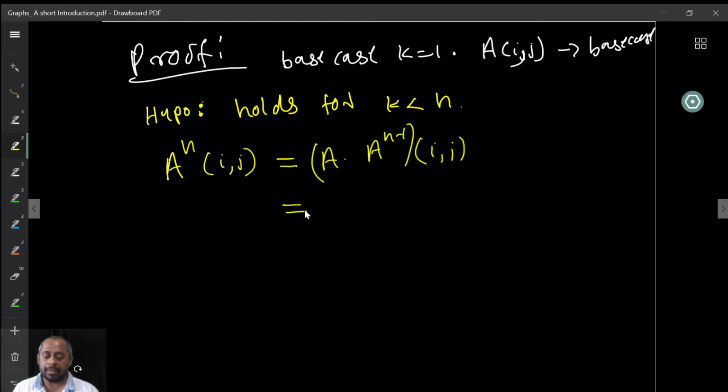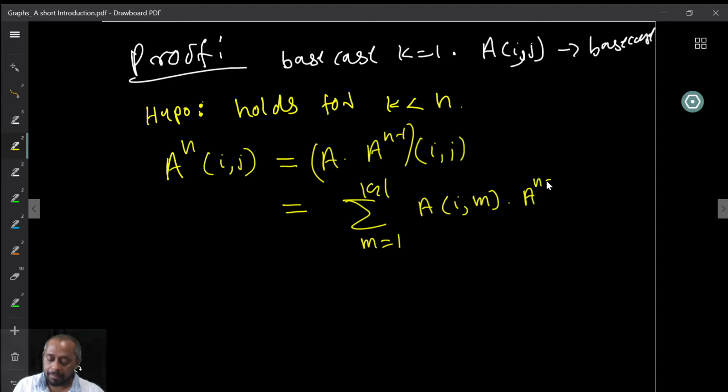Again, if you remember matrix multiplication, this is the summation over m ranging from 1 to the order of the matrix, which is the order of the graph G, of A of i comma m multiplied with A raised to n minus 1 of m comma j.